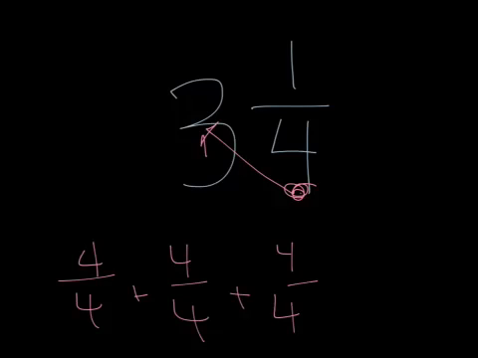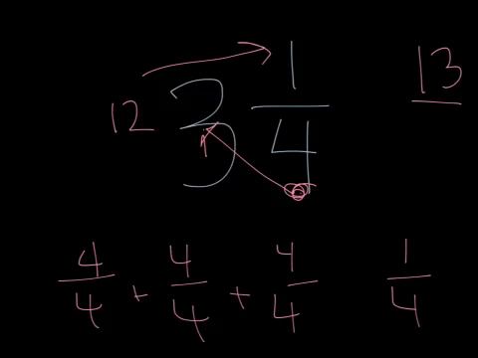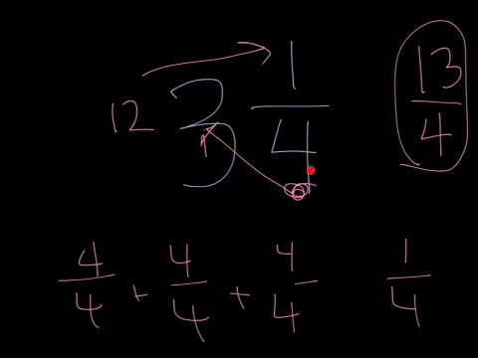So we can take 4 times 3 to get 12. Then we need to add our leftover 1/4, so we can just add our numerator of 1. So 12 plus 1 equals 13. And we're still working with fourths, and so our denominator always stays the same. So once again, what we do is take our denominator times our whole number and add our numerator. Then we keep our denominator the same.